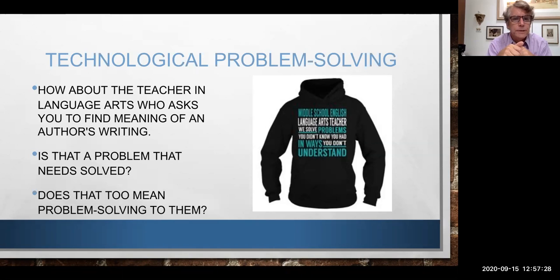To a literature teacher, understanding the meaning of a passage that they've assigned is critical. That is a problem that needs to be solved for their students. The students need to understand what they're reading and why that is important to them. How is that going to help them be a more well-rounded person, help their perspective?